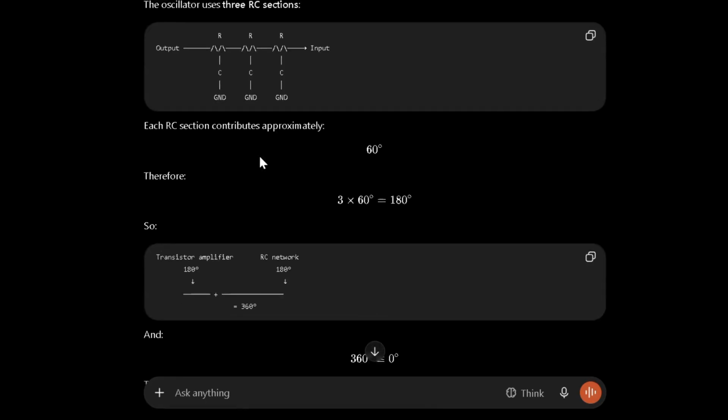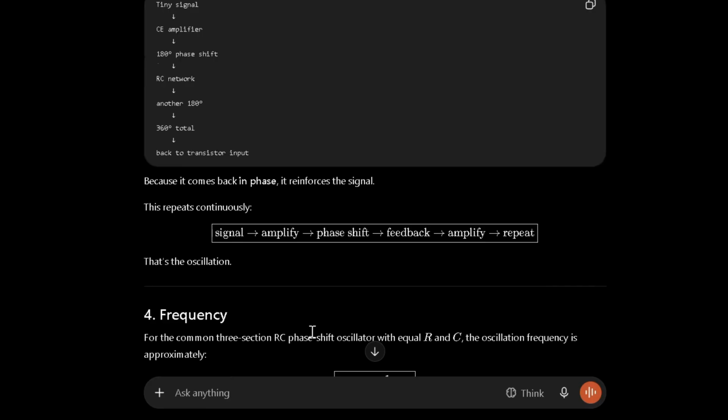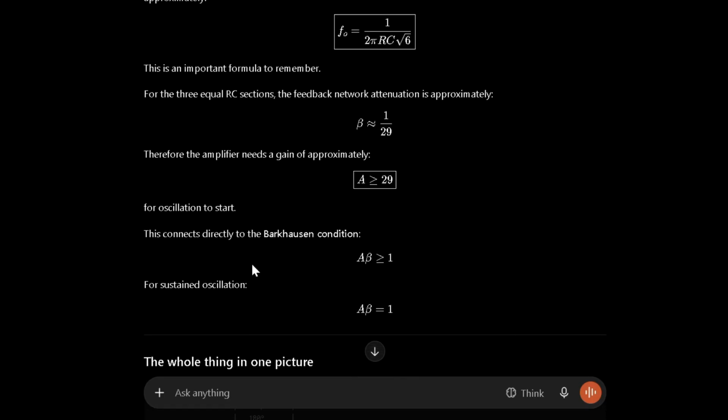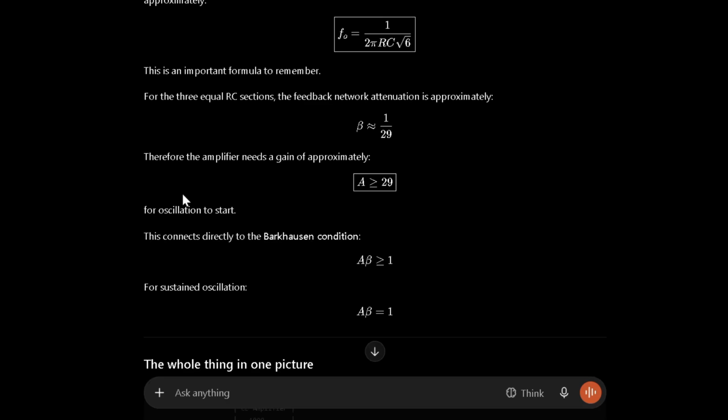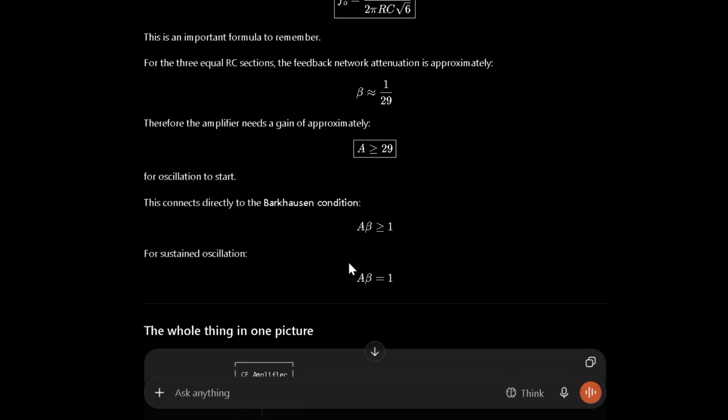For oscillation, this connects directly to the Barkhausen condition: A beta greater than 1 to start, and for sustained operation A beta equals 1.